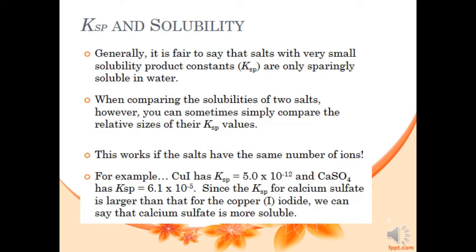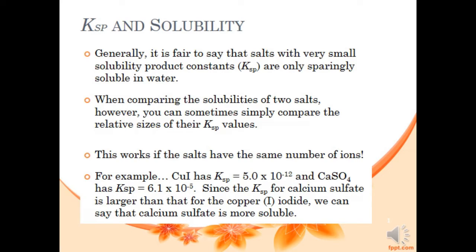But what if we have two salts and we are comparing the solubility between them? We can compare based on their Ksp value. However, it only works if the two salts being compared have the same number of ions. If they don't have the same number of ions, then it's not comparable.